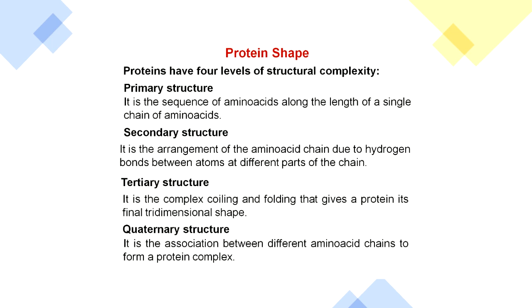Okay, this is just a summary overview of the primary, secondary, tertiary, and quaternary structures. So the primary structure is the sequence of amino acids along the length of a single chain. The secondary is the arrangements of the amino acids due to the hydrogen bonds between different parts of the chain, which makes the alpha helix or the beta pleated sheet.